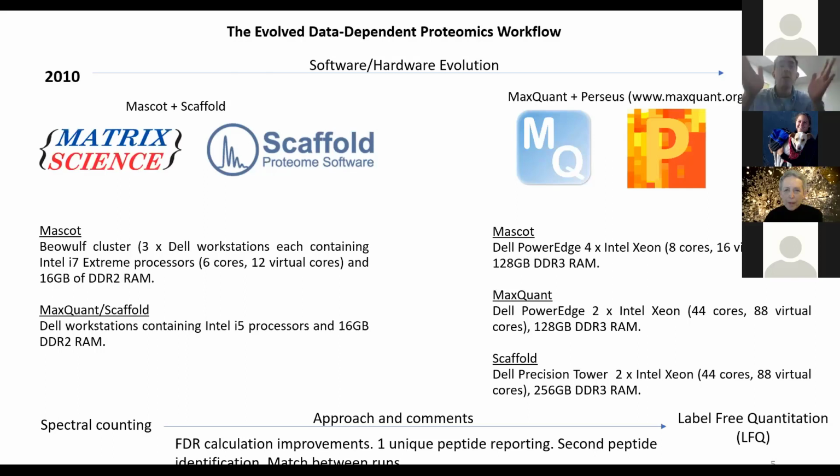But in this 10 years, we've seen some gains, and the gains have been primarily through advancements on the data processing side from MaxQuant, to a certain extent adopting one unique peptide reporting through it, second peptide identifications through MaxQuant, and then also match between runs. And those things combined have made label-free quantitation a little bit more attractive to customers.